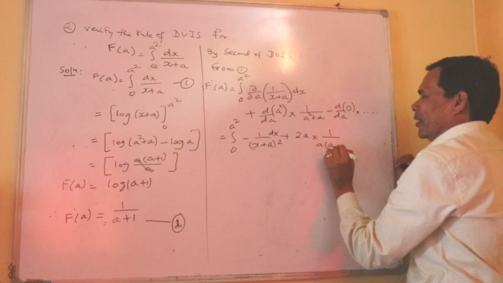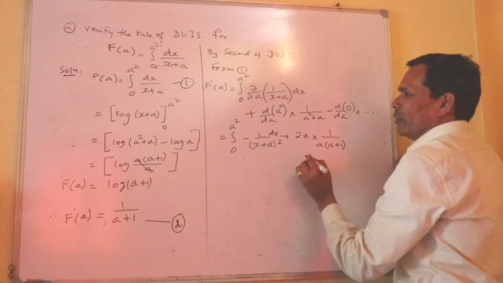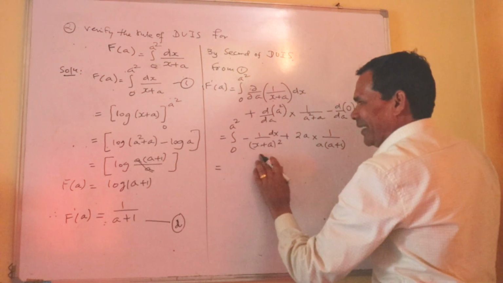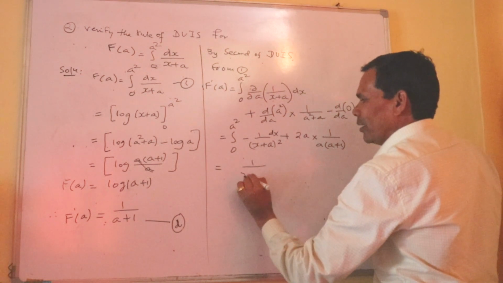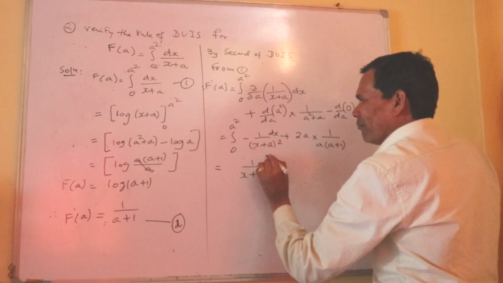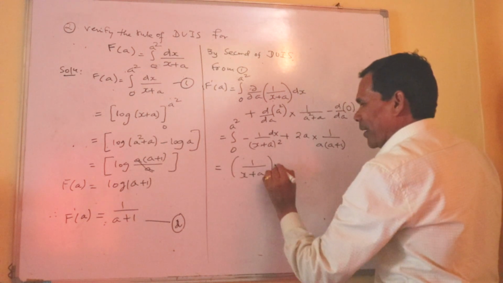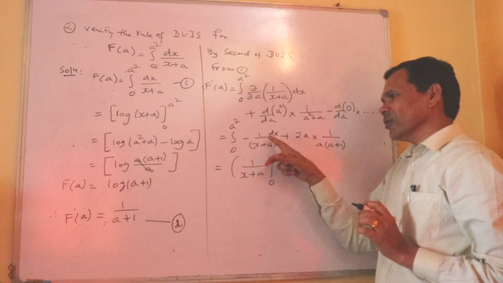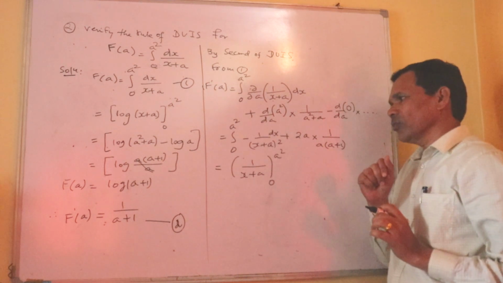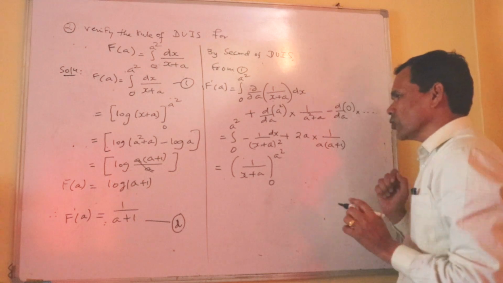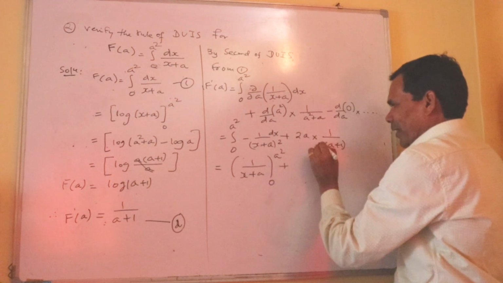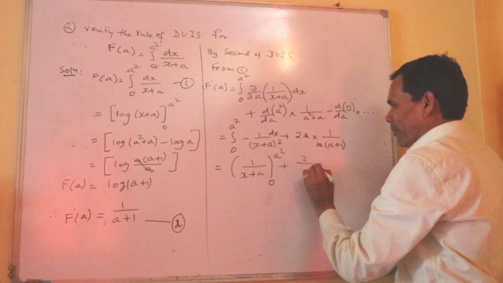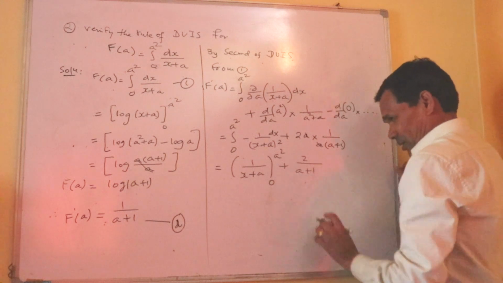So 2 times a multiplied by 1 upon a plus 1, that is 2 upon a plus 1, since a gets cancelled. We got the integration of 1 upon x plus a squared, limits 0 to a square, with respect to x, so x plus a raised to minus 2 plus 1, upon minus 2 plus 1, plus 2 upon a plus 1.